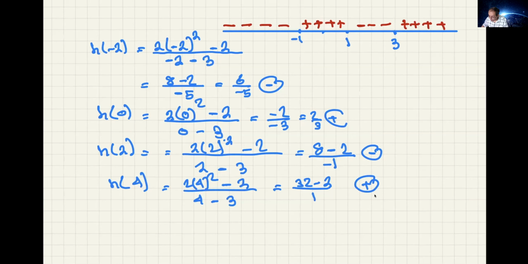Okay. So let's graph the function. What do I know about the function so far? I know that the function has a vertical asymptote and a slant asymptote. The function doesn't cross the slant asymptote. And the function has 2 x-intercepts and 1 y-intercept. So first of all, we graph the coordinates.